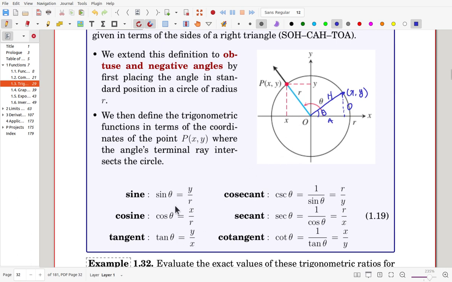That is the same definition as SOHCAHTOA when theta is an acute angle. And exactly the same, cosecant, secant, cotangent can be defined as reciprocals of sine, cosine, tangent. That is the definition.